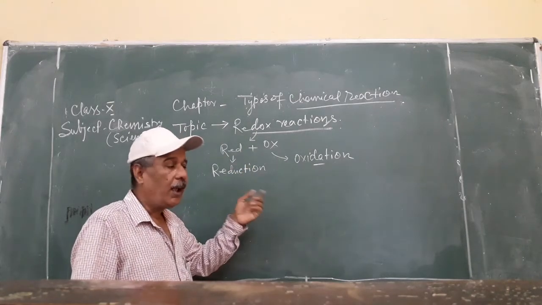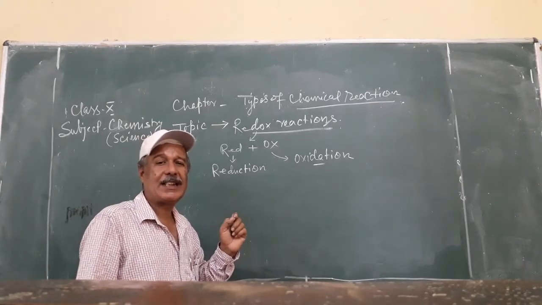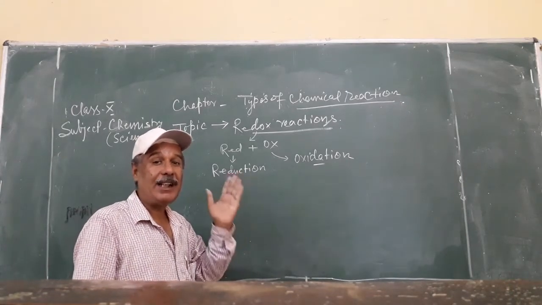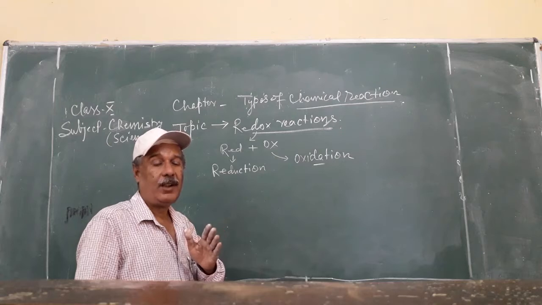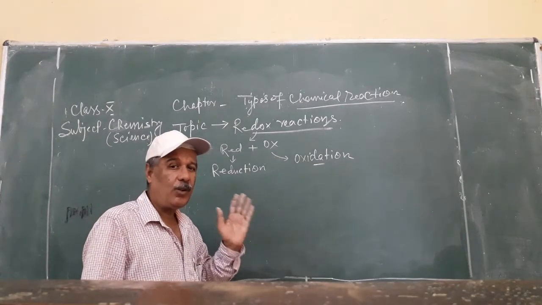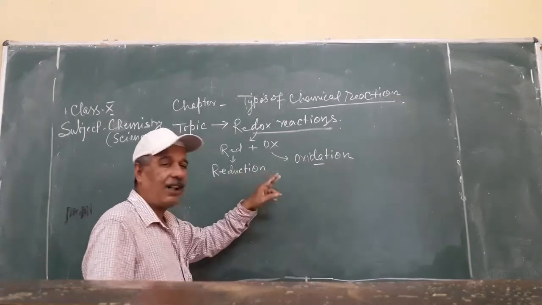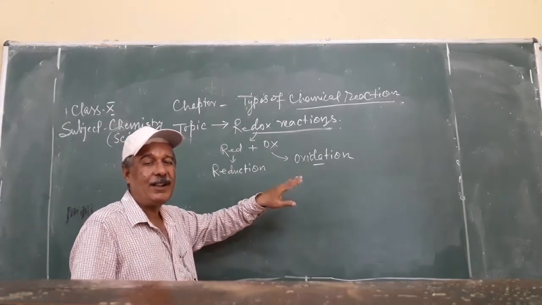Correct? So, in chemical changes, if there is oxidation, parallelly there will be reduction. Alone oxidation cannot proceed or alone reduction cannot proceed. So they always occur parallel, side by side.